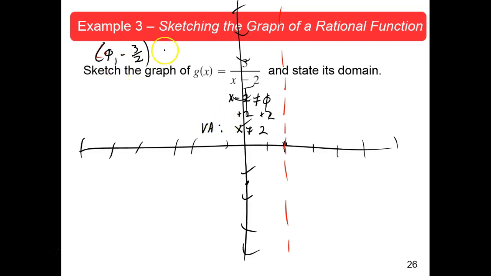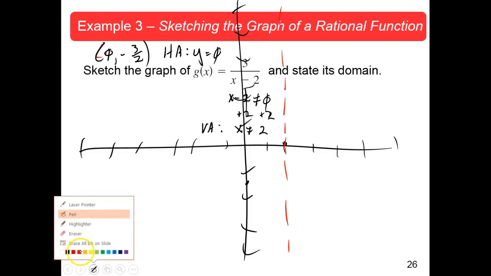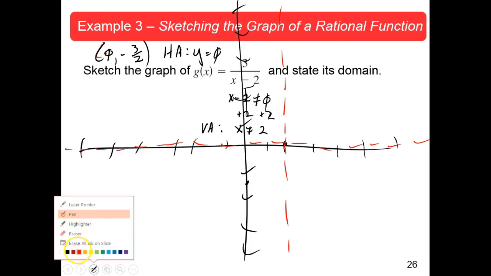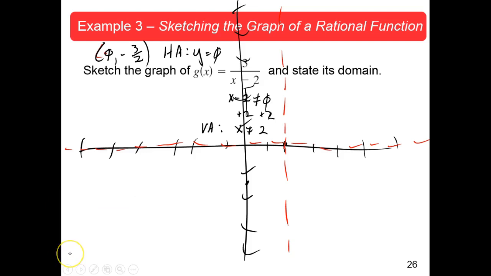Your horizontal asymptote is y equals 0. I'm going to go back to red and draw my x-axis as my horizontal asymptote. The book never does that because the typesetter can't do that. I can.